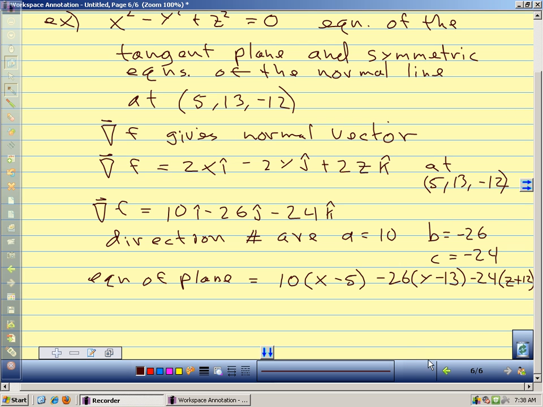So there's an equation of our tangent plane. Shouldn't it be plus 13? This is y minus y0, and y0 is 13. That's our point.